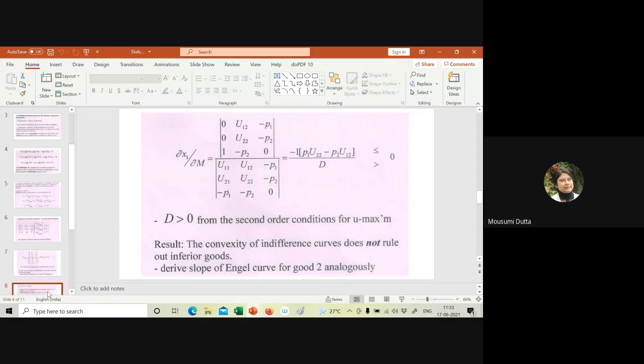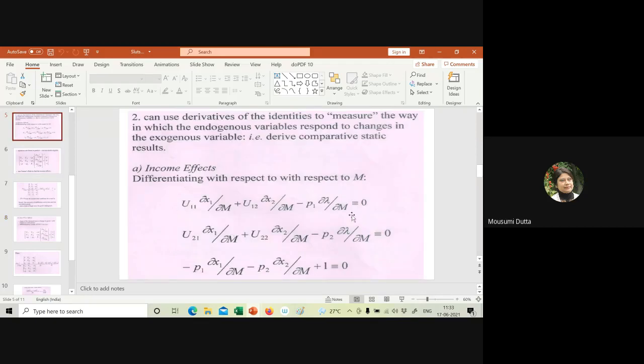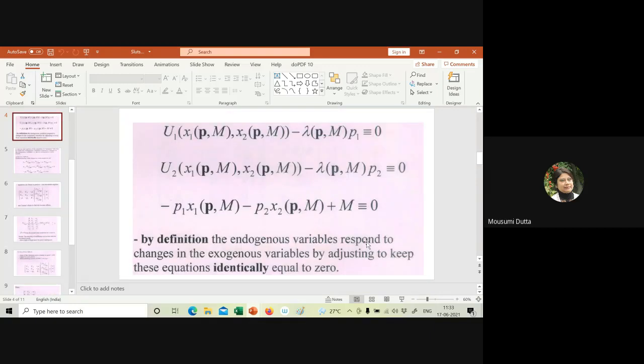So in the next step, we will find out own price effect. So we have to do the same thing. This kind of equations we need to generate with respect to P1. So starting from the utility function, starting from these first order conditions, please generate the set of 3 equations taking derivative with respect to P1.